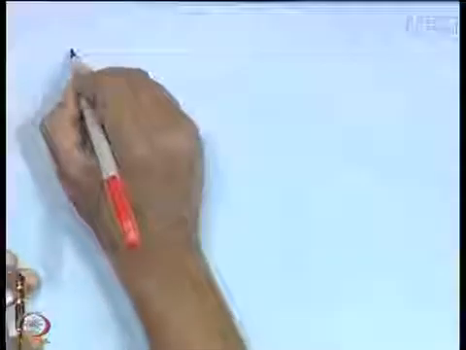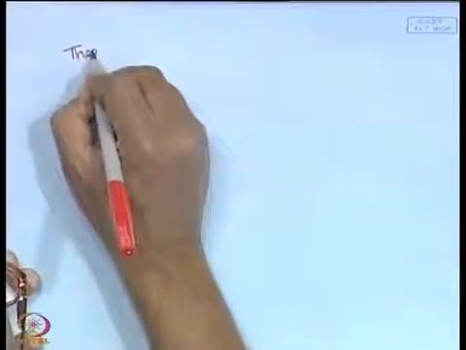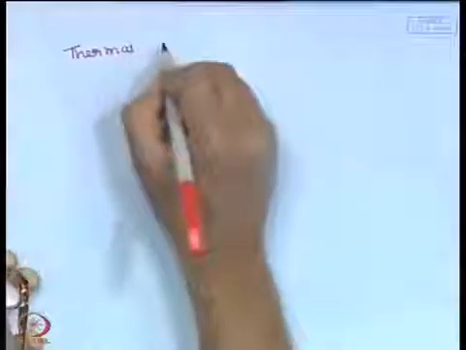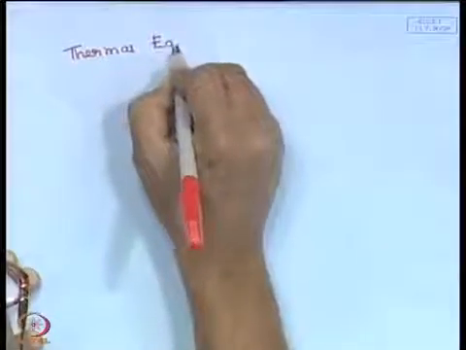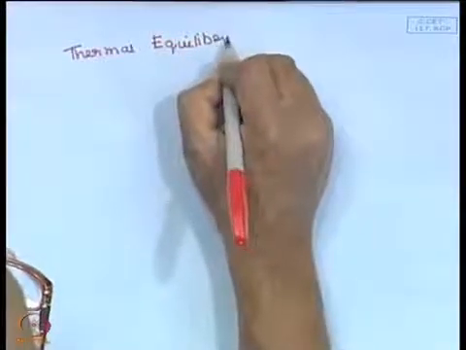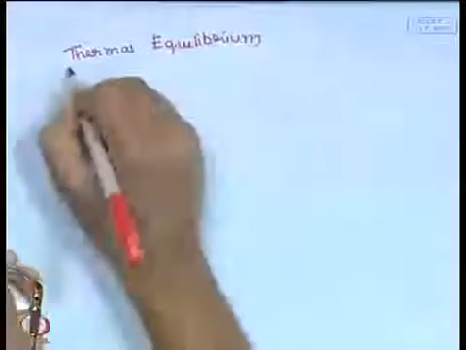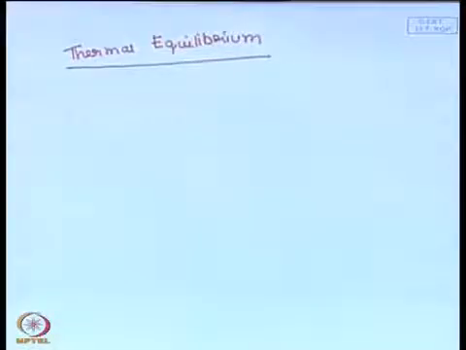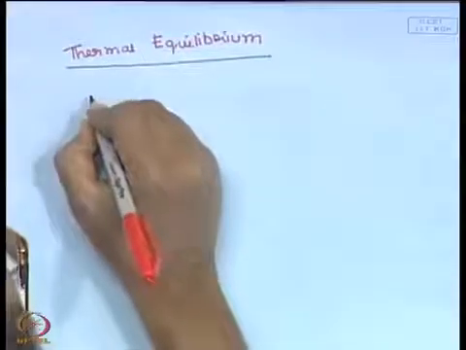So, the occupation number n: if the photons are in thermal equilibrium, that is what we are assuming. If they are not in thermal equilibrium, the occupation number could be anything. But if they are in thermal equilibrium, then the occupation number is given by the Bose statistics.